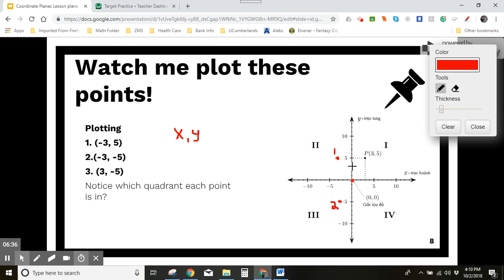Point 3 is a positive x value, so I'm moving to the right this time: 1, 2, 3, and my y value is down 5. So down 5, plot my point. This is point 3. Notice which quadrant each point is in. Point 1 is in quadrant 2, point 2 is in quadrant 3, and point 3 is in quadrant 4.